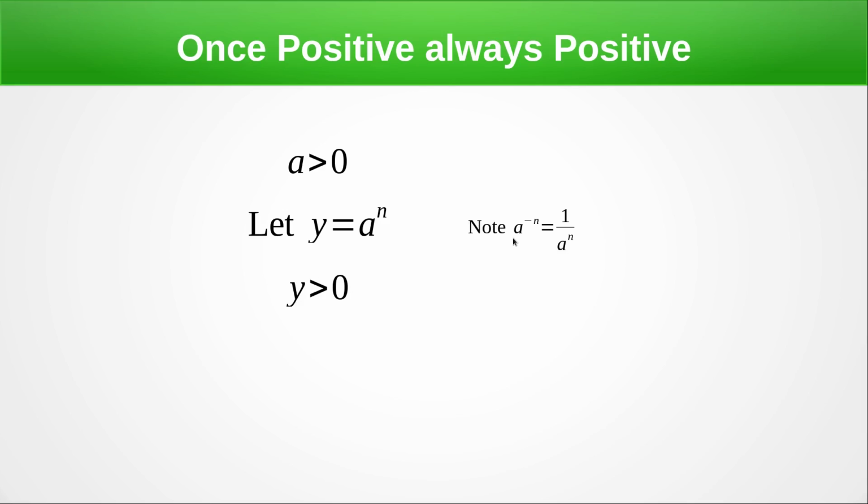And let's just note, if we had a to the minus n, it's 1 over a to the n, well obviously this is positive. We've already shown that this is positive, so the answer is going to be positive. So let me stress that again. If we have something in this form and the base is positive, then this value here will always be positive.